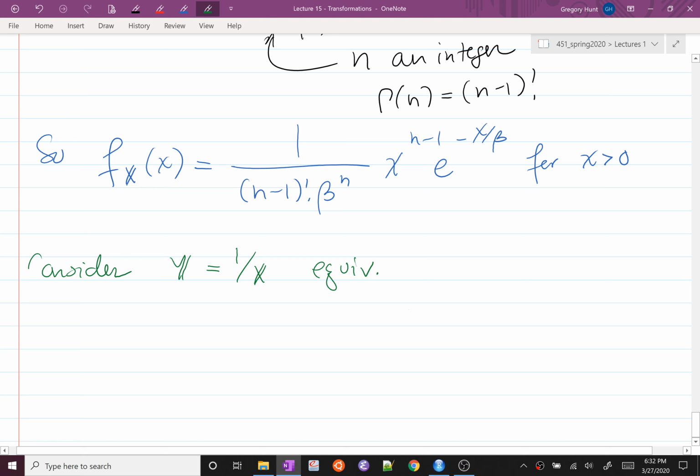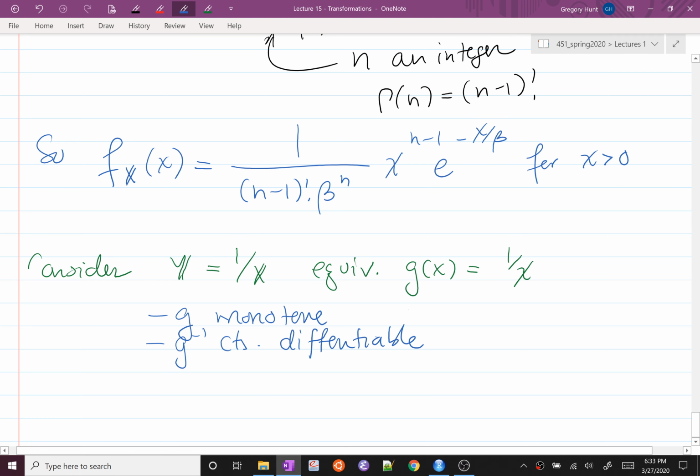Our theorem says that we have to say that g is monotone, and we have to say that g inverse is continuously differentiable. Okay.